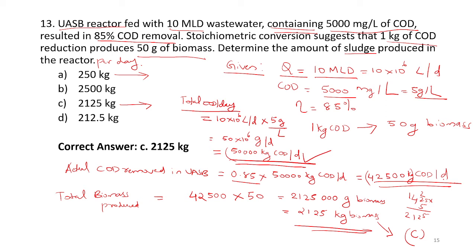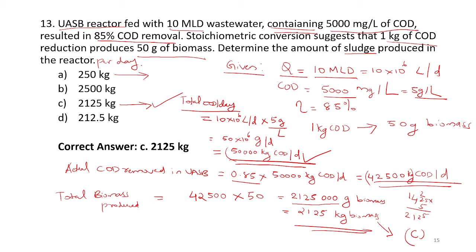Therefore, for 42,500 kg COD, 42,500 into 50 gram of biomass will be produced, which is 21,25,000 gram biomass, around 2125 kg biomass, and it is option C. So option C is the correct answer. Is it clear? Yes, ma'am. Okay, so let us move on to the last question for today's session.